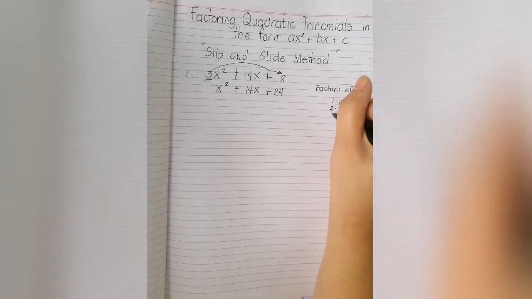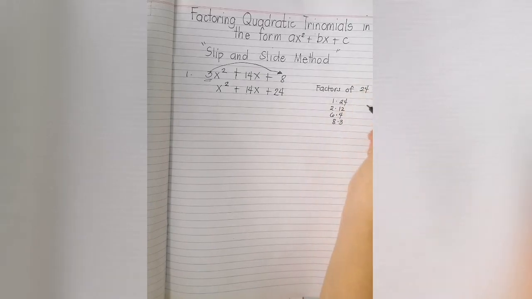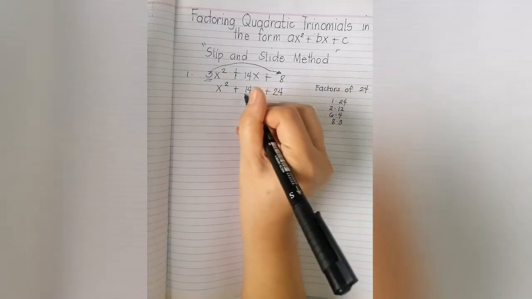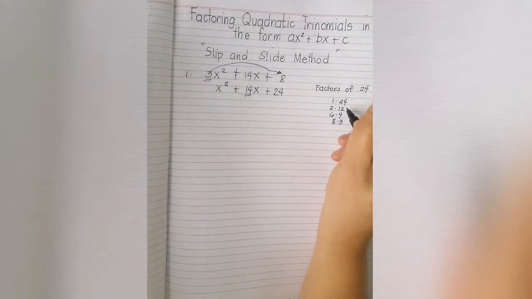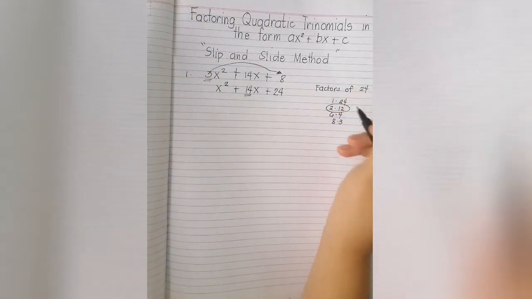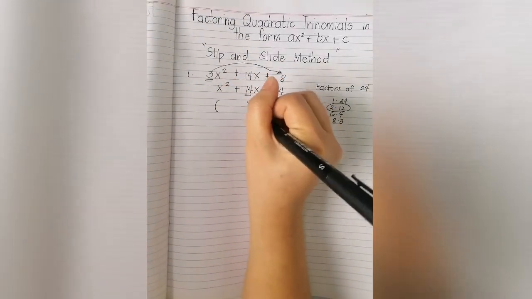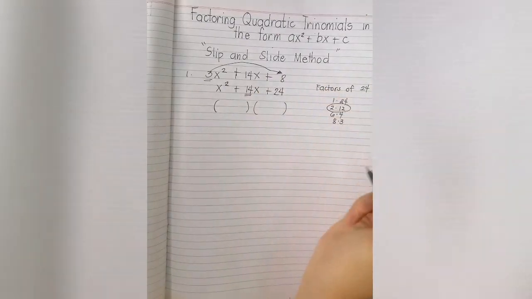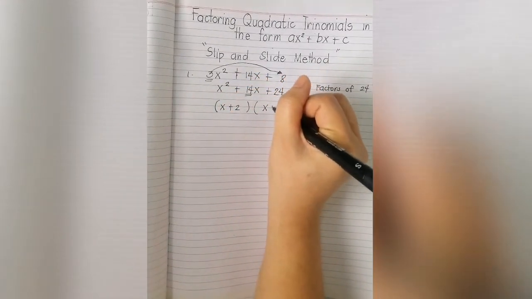So, we have 6 and 4, at saka 8 and 3. So, yung pipiliin natin dyan, alin sa mga yan yung pag in-add natin, makukuha natin yung middle term. So, we have 2 and 12. So, that will be the factor. So, ngayon i-write natin, di ba? We will have 2 binomials. So, we have x plus 2 at saka x plus 12.